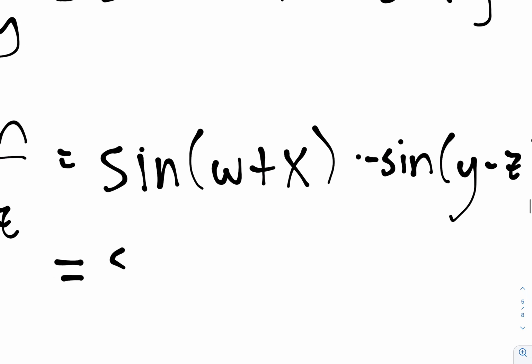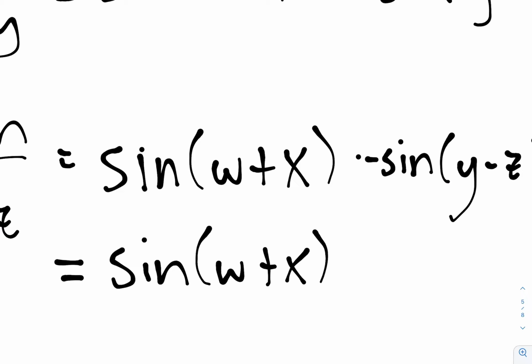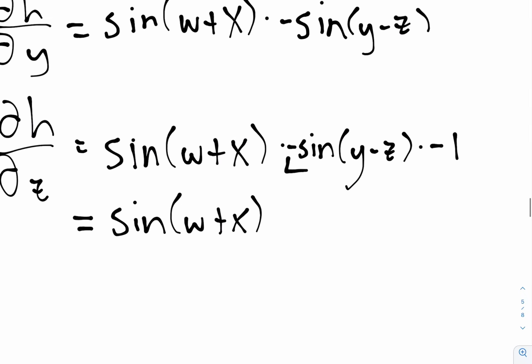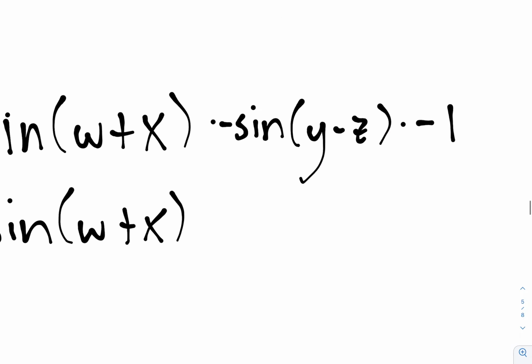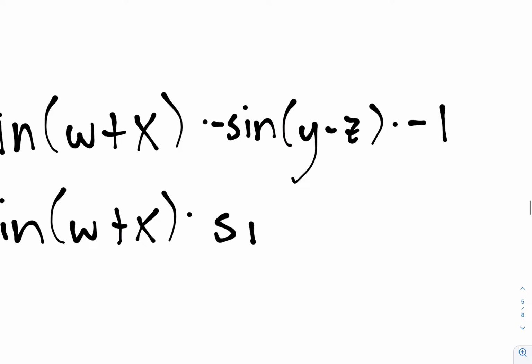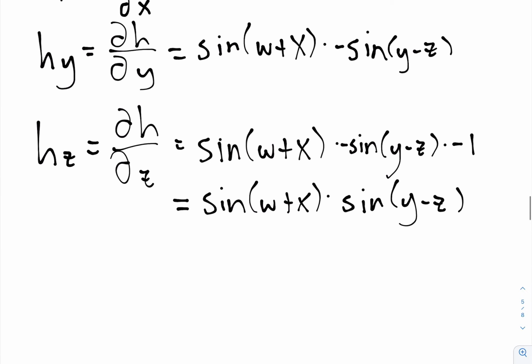So this is just sine of w plus x. And see how we have two negatives here? We have negative sine times negative 1. That's just going to give us positive sine. So we get positive sine y minus z. And we have to leave it as that. Even though these are both positive sine, we can't combine the insides because they're not like terms, right?